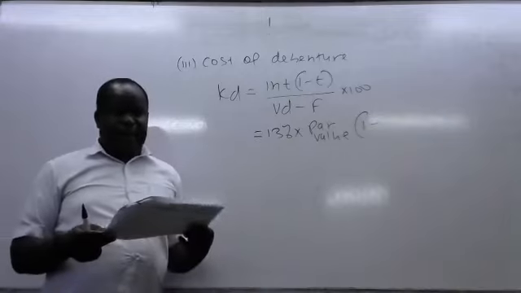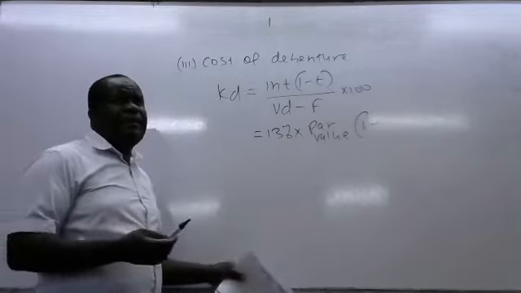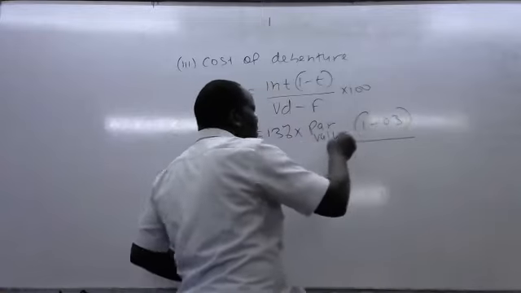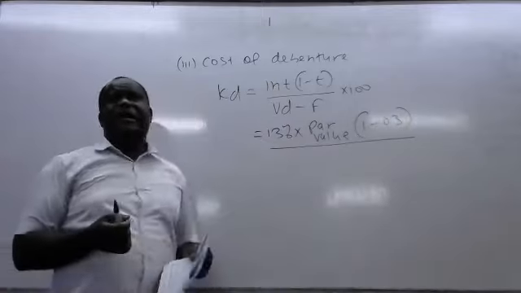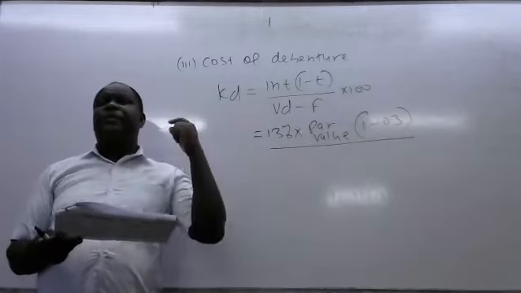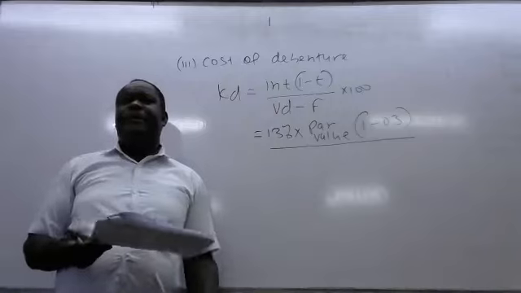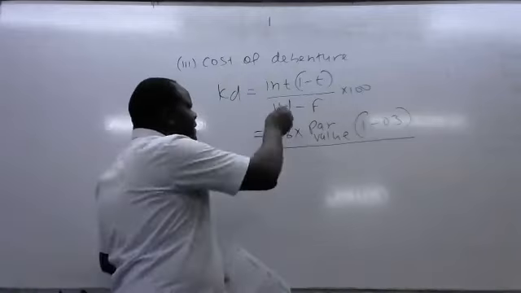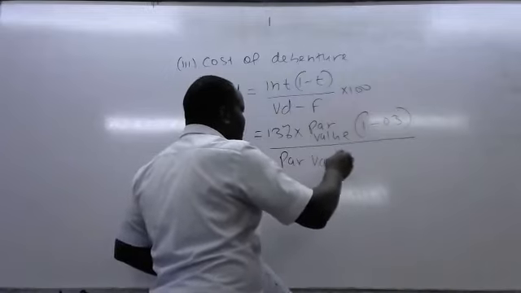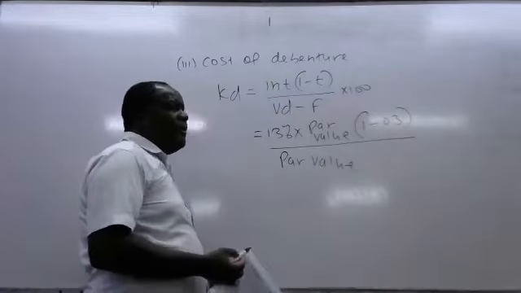The corporate tax, they gave you 30%, which is the same as 0.3. Then we divide by the current value for the debenture. They said it was issued at par. So this current value for the debenture is also the par value.